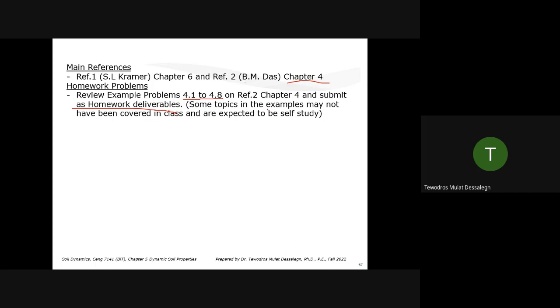Some topics in the examples may not have been covered in class and are expected to be self-study. If you see something new there, just go through it and look at it. Every homework I assign is due two weeks after the completion of the chapter, so I expect you to submit these two weeks from now. Is that okay?